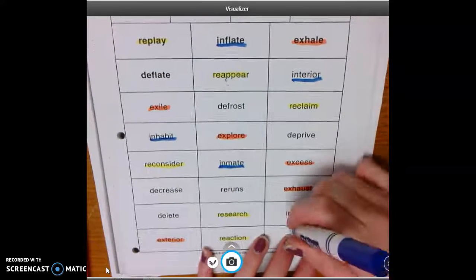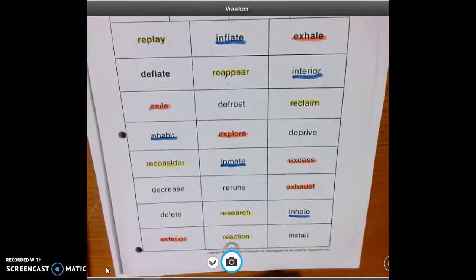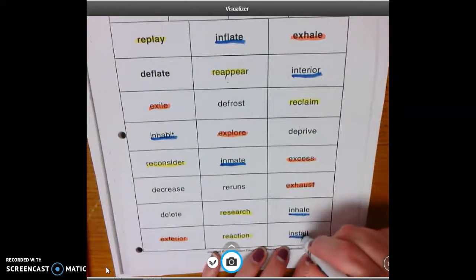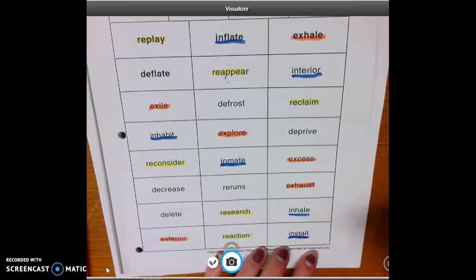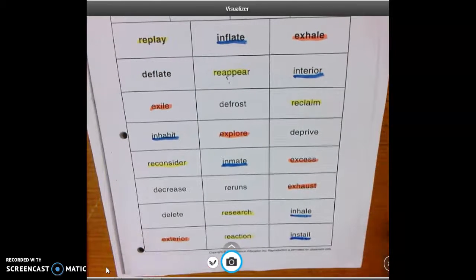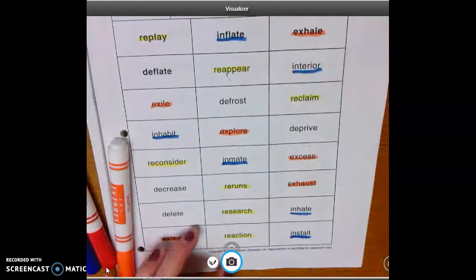We have inhale, which means to breathe in, which is the opposite of exhale, which is to breathe out. And install, which means to put something in. Okay. I just noticed I forgot one of my re words, which is rerun, which means to run again.